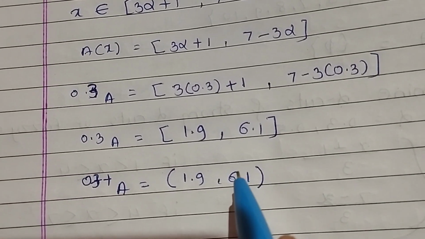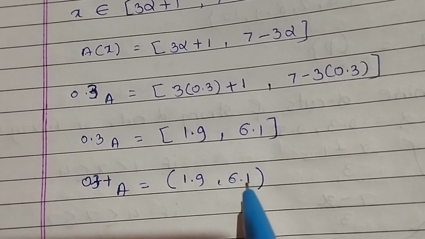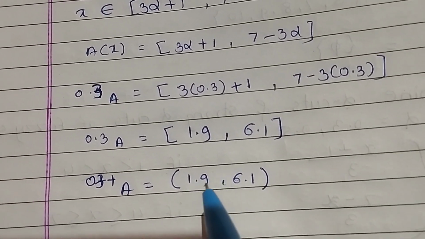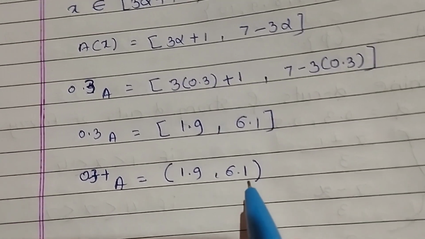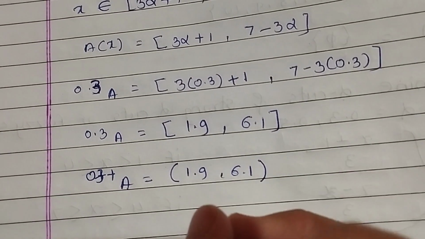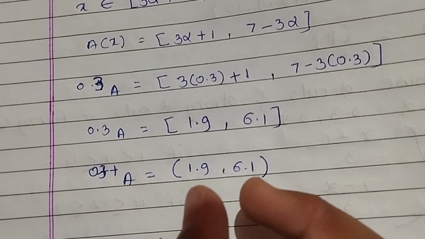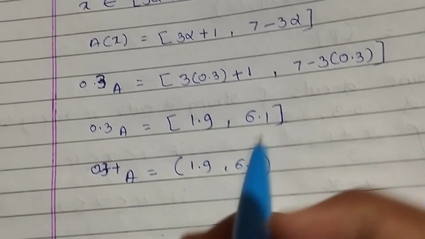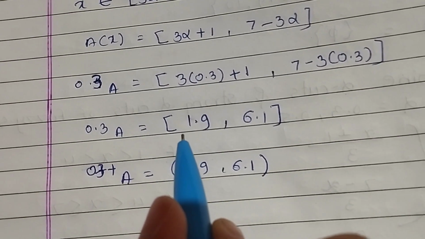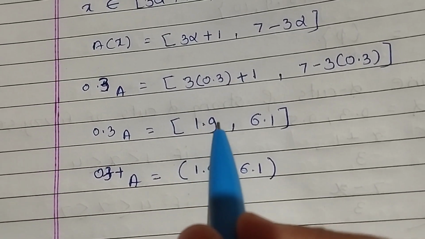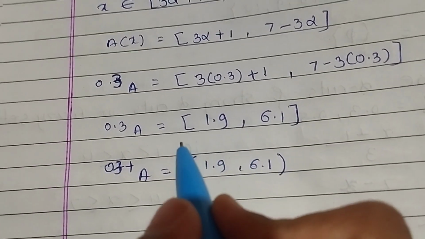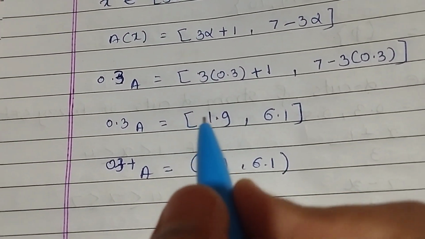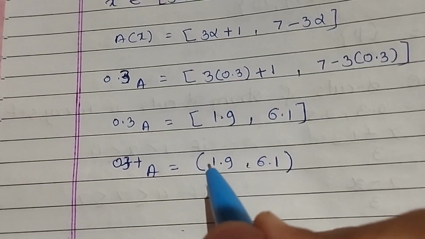Remaining all the values from 1.9 to 6.1, we do not consider 1.9 and 6.1 in our set, and in between all the values we consider as a set. This is the difference between open bracket and close bracket.